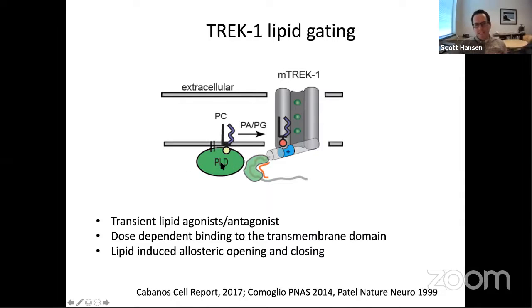Interestingly, PLD, this enzyme that I just described that comes out of GM1 domains, binds to the C terminus of TREK. So this raises a very important question. Is the anesthetic really binding to the channel? Remember, everybody was assuming that anesthesia worked by binding directly to some random site in the transmembrane domain.